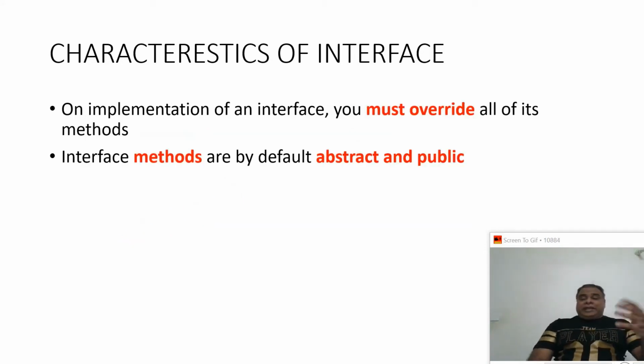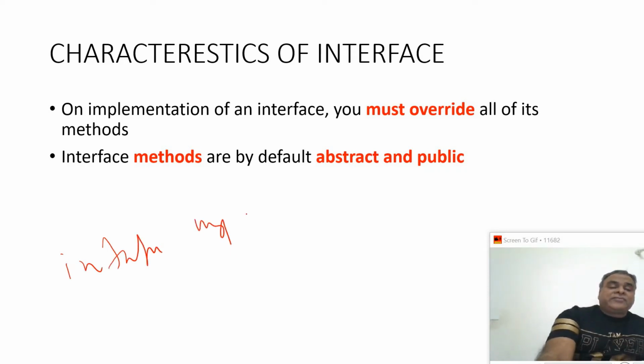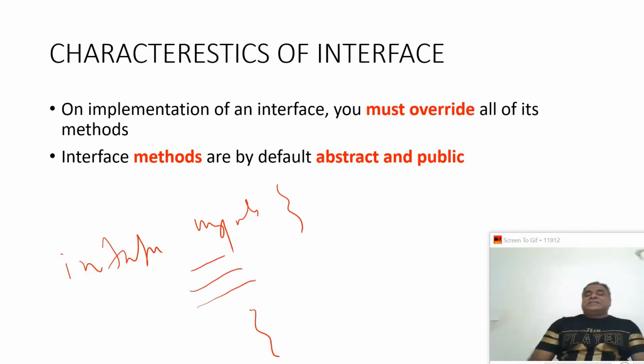Next, I am continuing with the characteristics of interface. On implementation of an interface, you must override all of its methods. For example, if I have an interface, my interface, and I have method one, method two, method three, there are three methods.